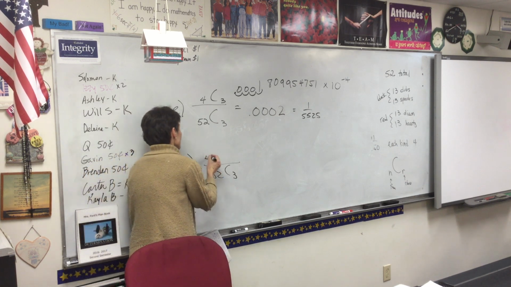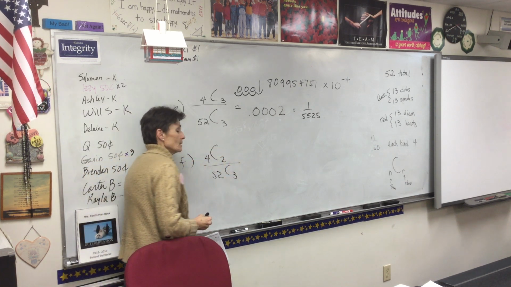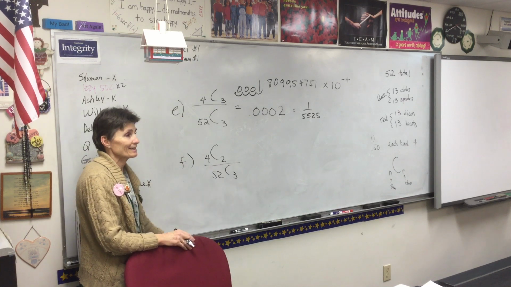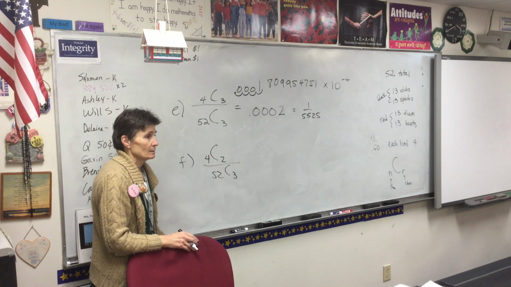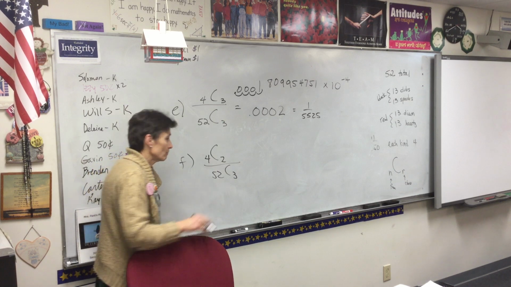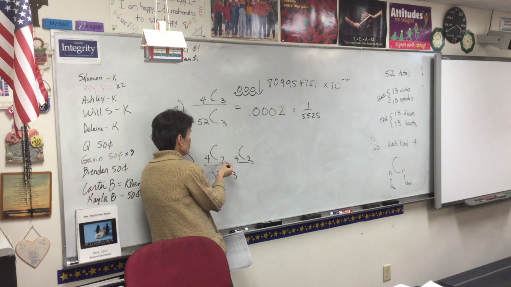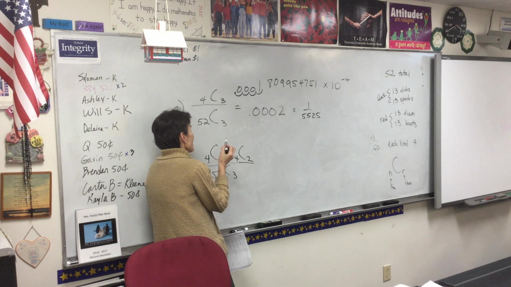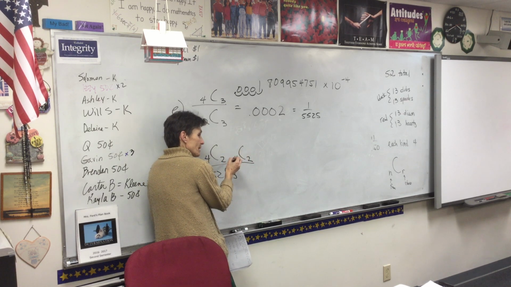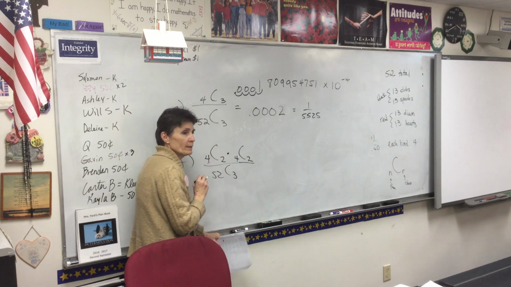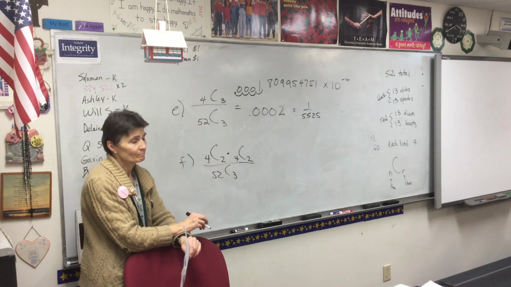So 4C2. How about 2 kings? How many kings are there? 4. How many are we choosing? 2. So we are picking 2 queens and 2 kings. So those 2 are going to be multiplied.